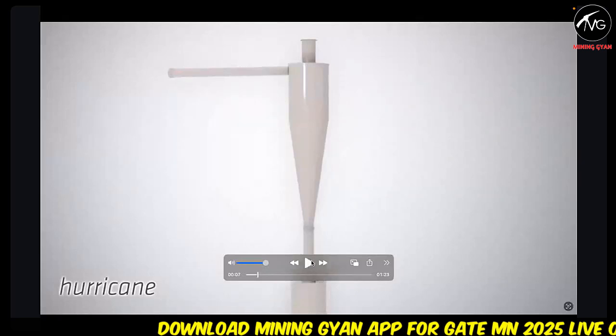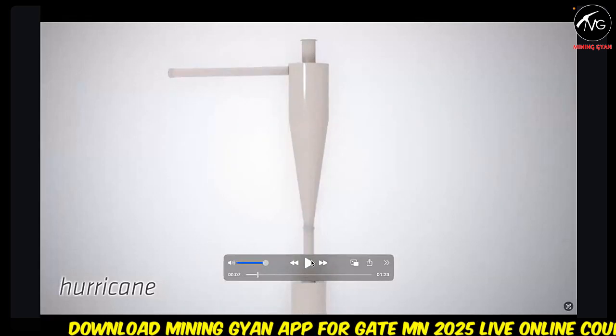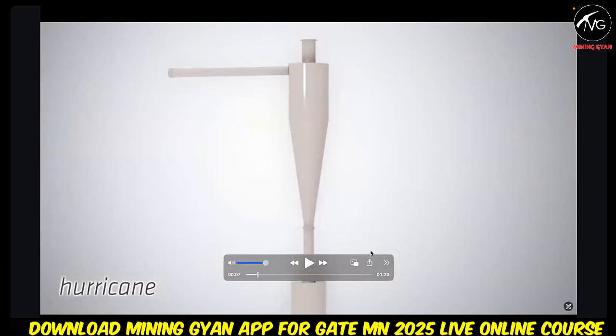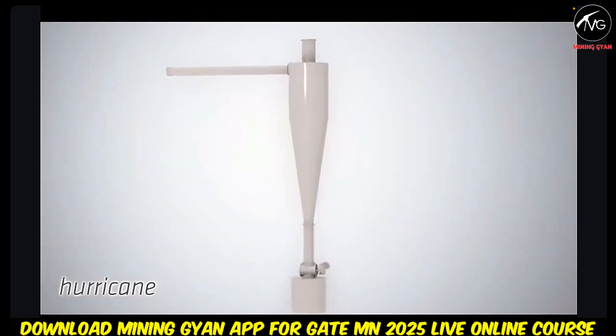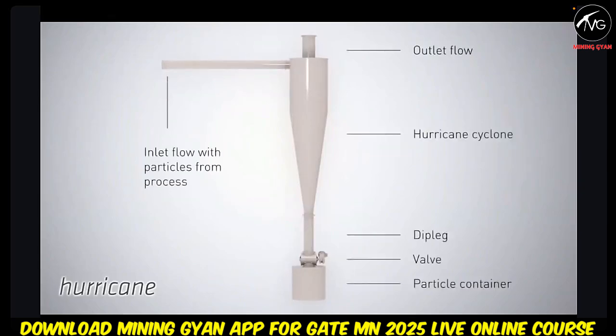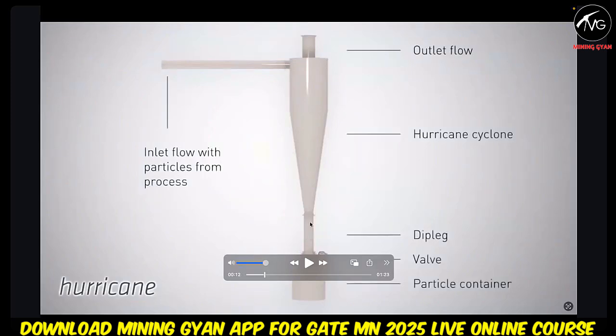It is a hurricane-type instrument, but we just want to know the principle or how it operates. Don't go with the name. So it is the inlet, and the outlet is on the top. As I told you, the air will go downward, dust will collect here, and it will come out from this outlet.